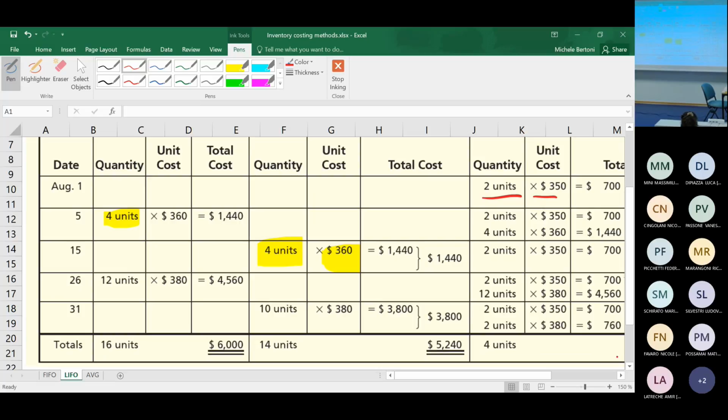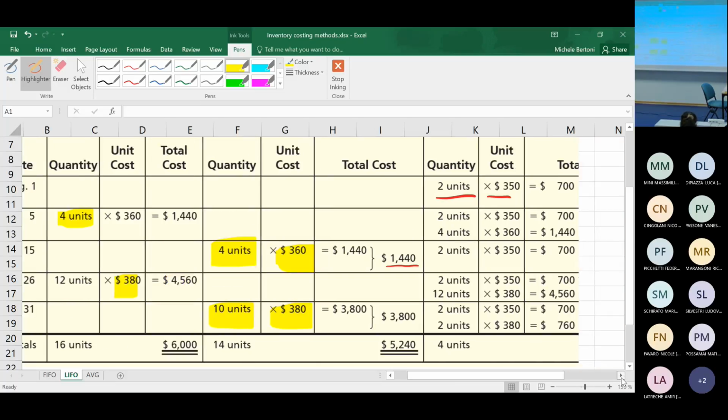So the cost of goods sold for this first sale will be 1,440, and then we purchase 12 units at 380, and we sell 10 units. What are we selling? We are selling 10 units at 380 because those are the newest units on hand. Now, what's left?